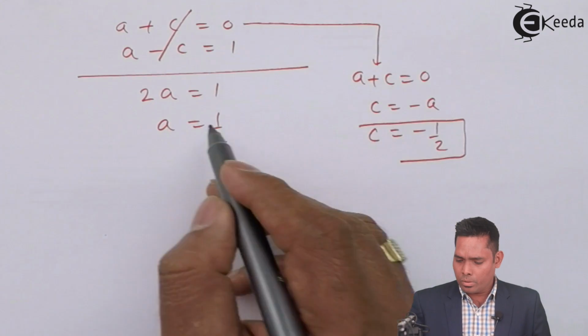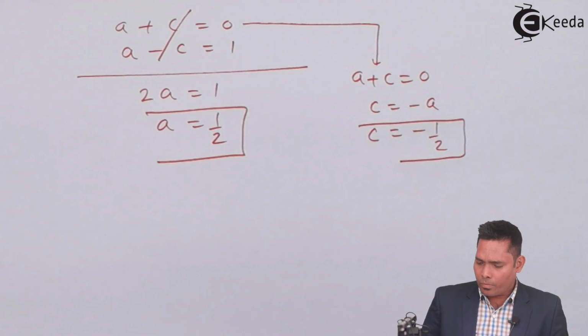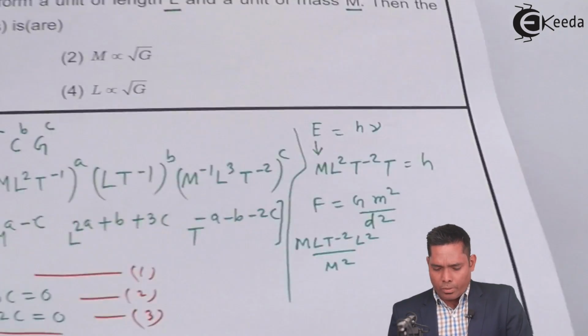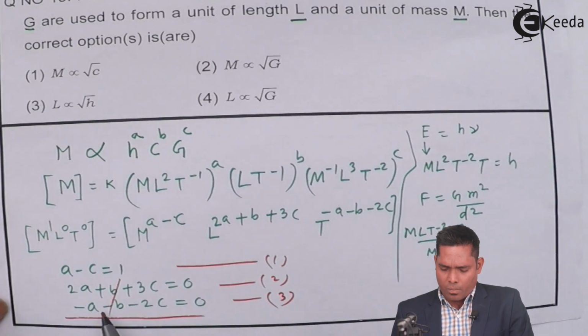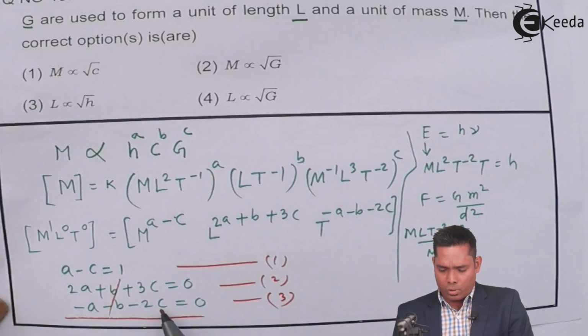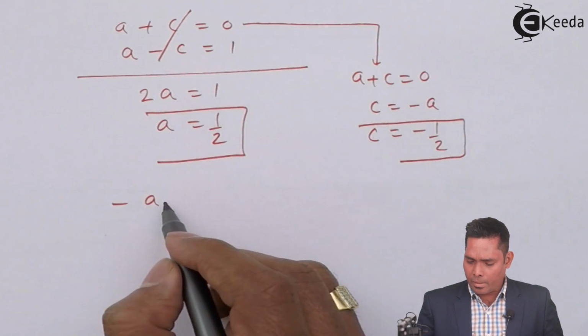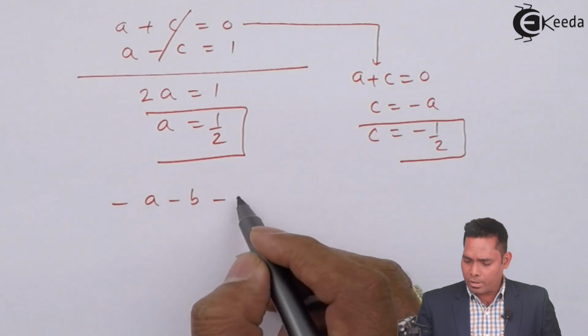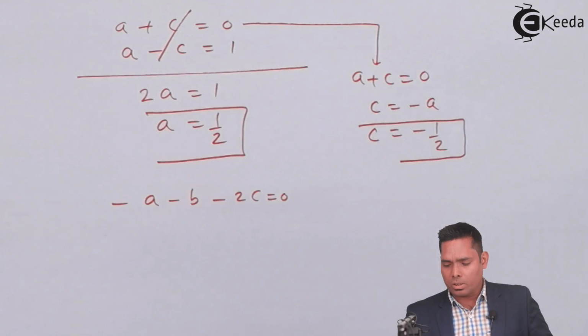This is one value, this is another value. We have got a and c, then we can take any one of the equations to get b. Minus a minus b minus 2c is 0. This is the third equation.